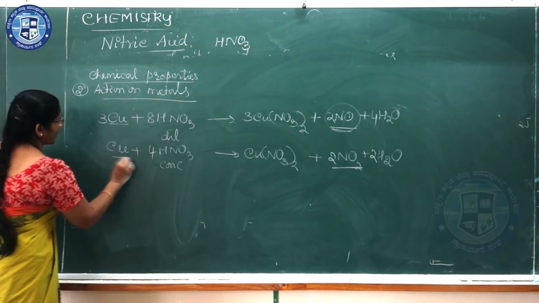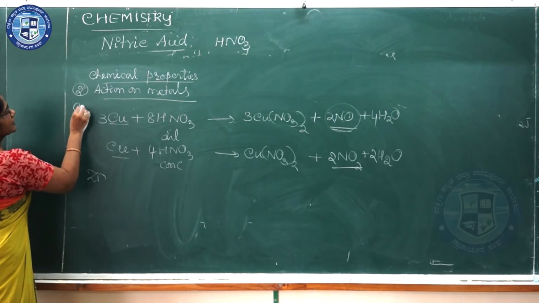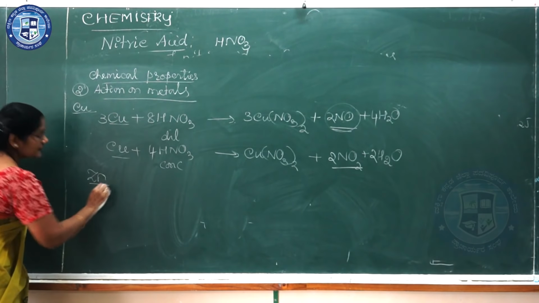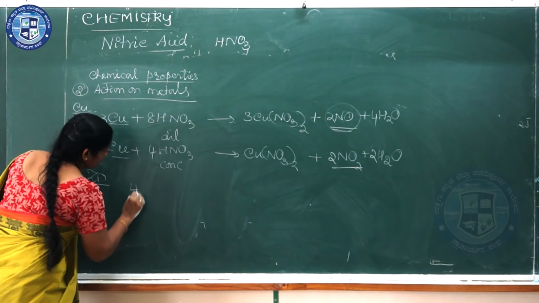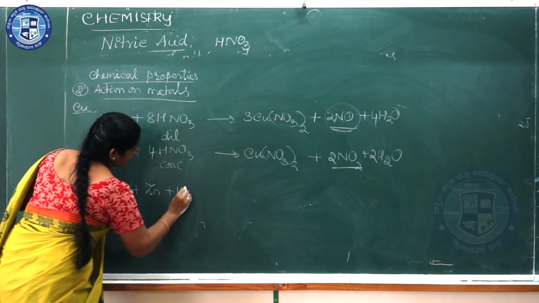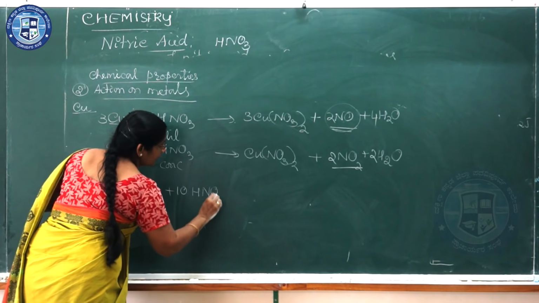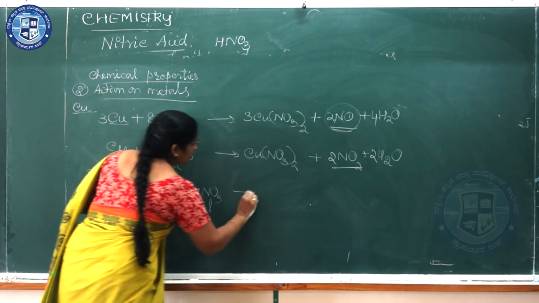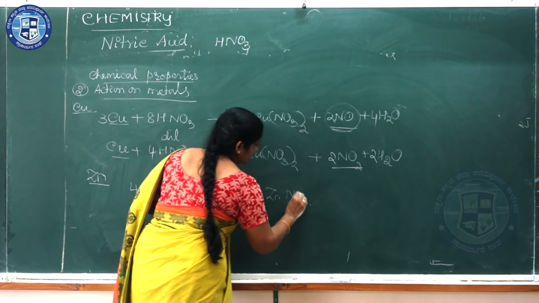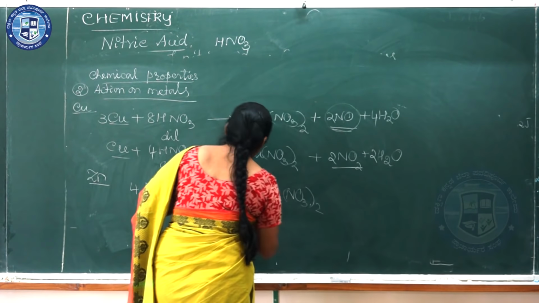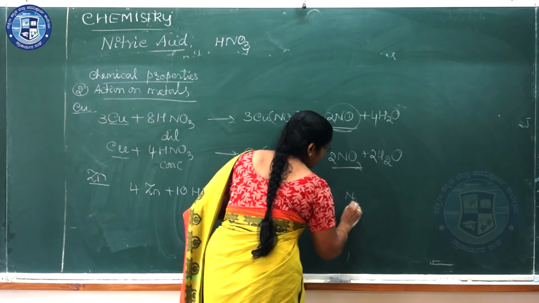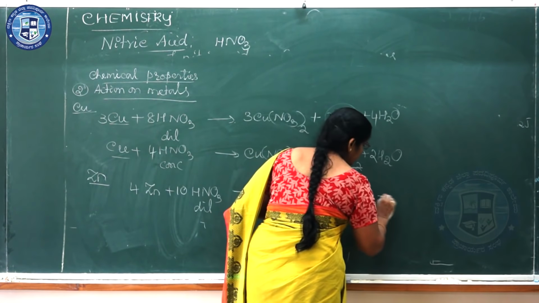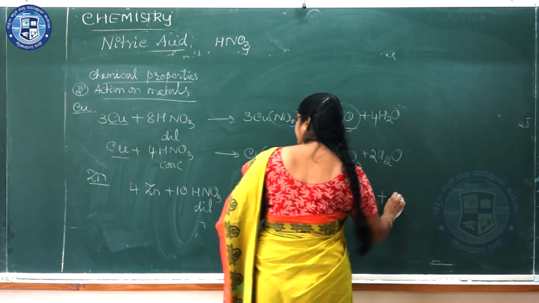This is the reaction of copper. How does zinc react with nitric acid under different conditions? When zinc is made to react with dilute nitric acid, it gives zinc nitrate and a gas called nitrous oxide.